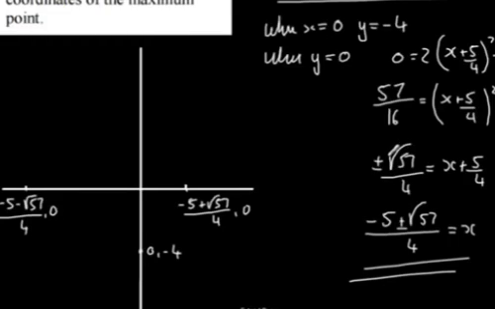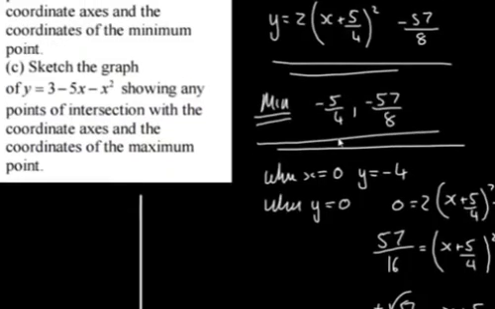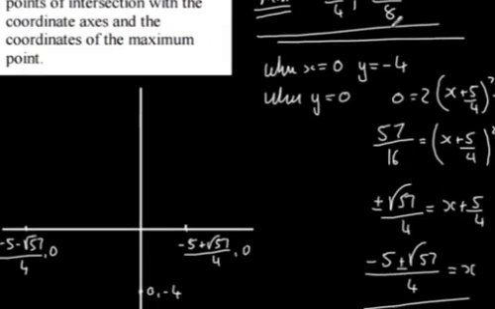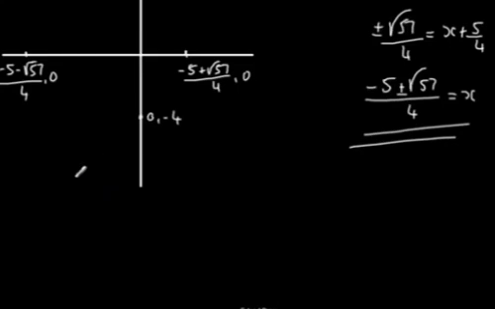If we just consider, we've got our minimum point here, which is -5 over 4, and then -57 over 8. So that is going to be somewhere down here. Again, not massively accurate, but it'll just give us some idea.